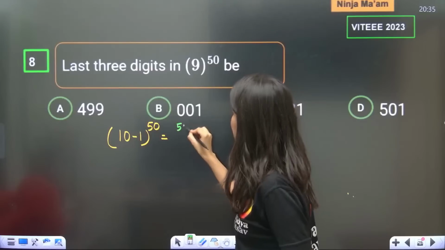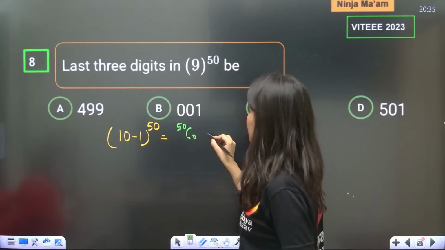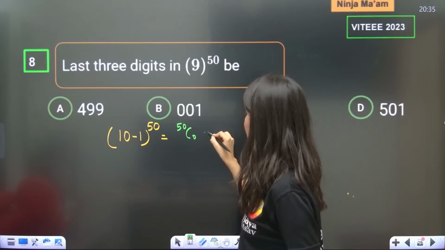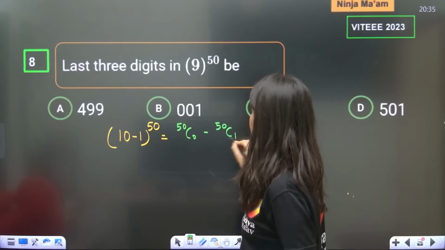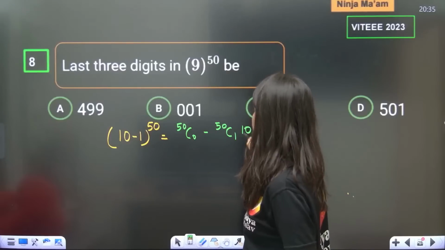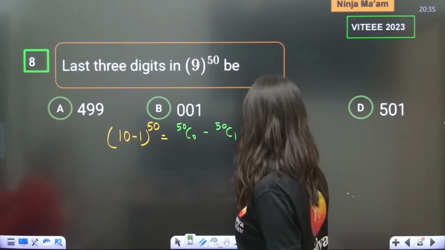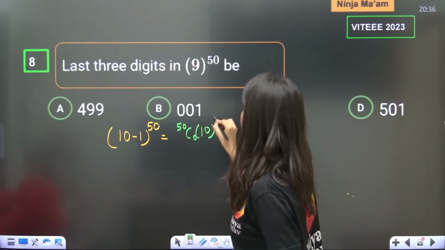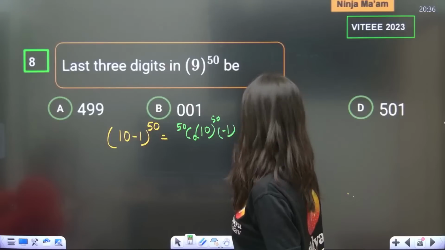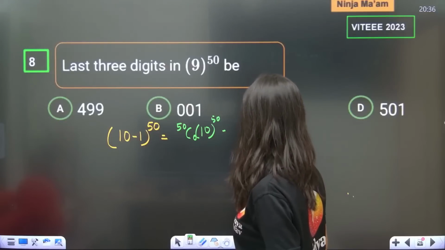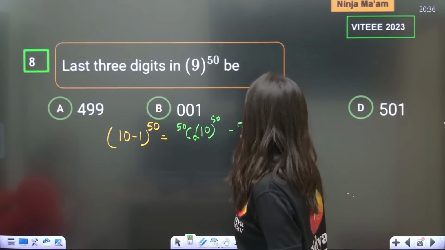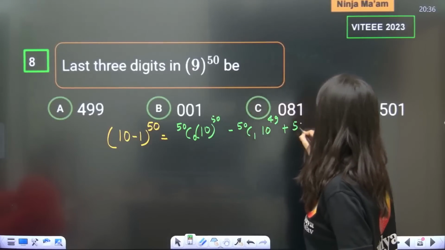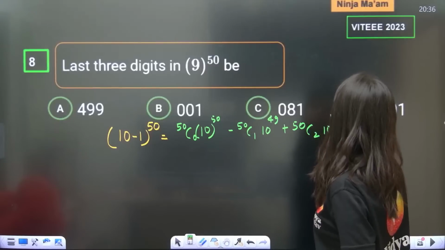So, 50 C 0, 10 raised to power 50, minus 1 raised to power 0. Minus 50 C 1, 10 raised to power 49. Plus 50 C 2, 10 raised to power 48.